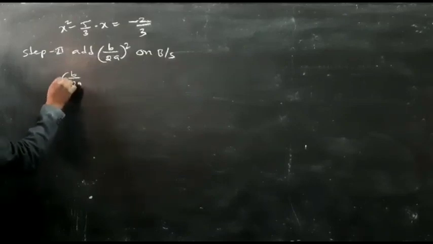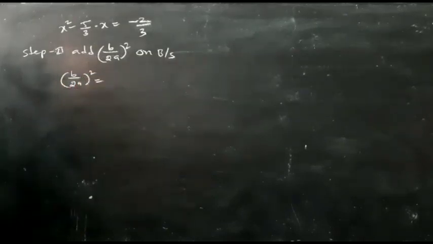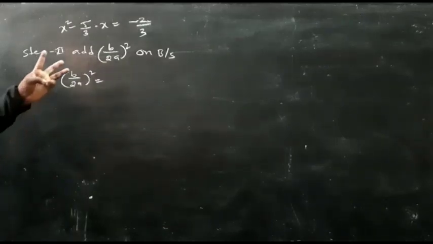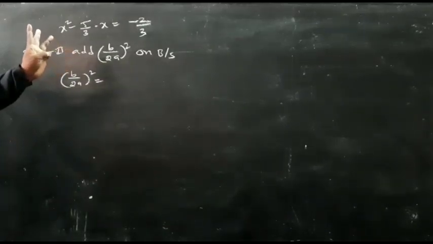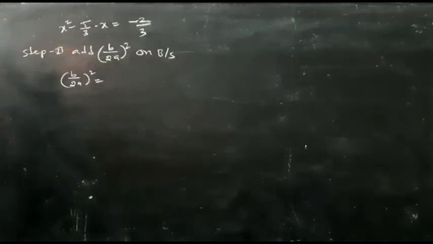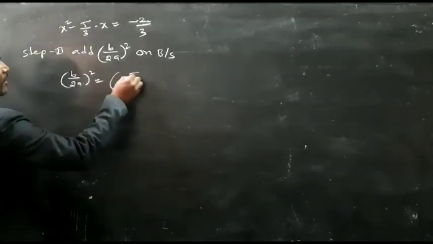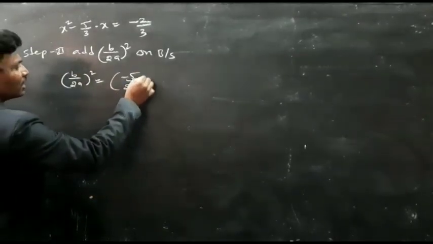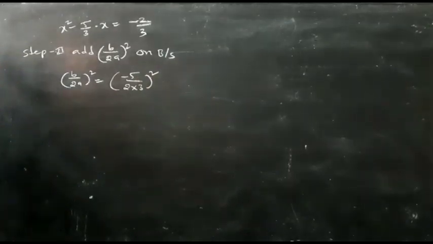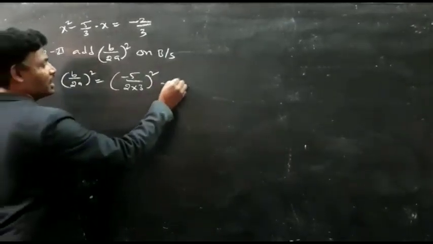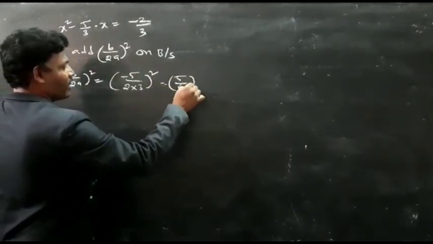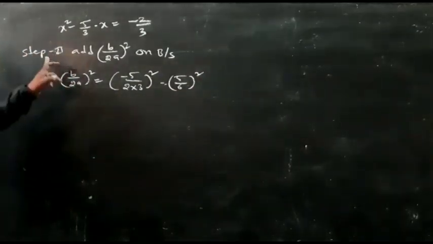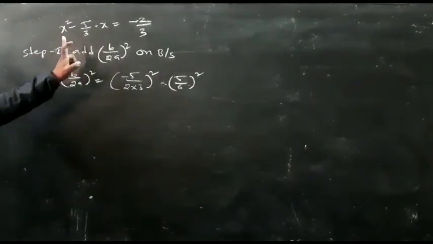The given quadratic equation is 3x square minus 5x plus 2, so the b value is nothing but minus 5. 2a means 2 into 3, whole square. So I am adding 5 by 6 whole square.